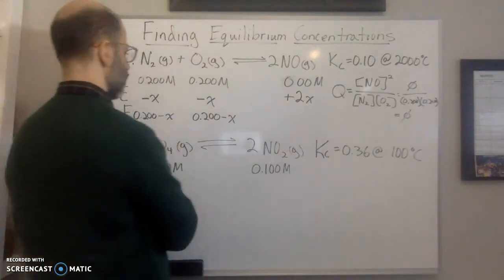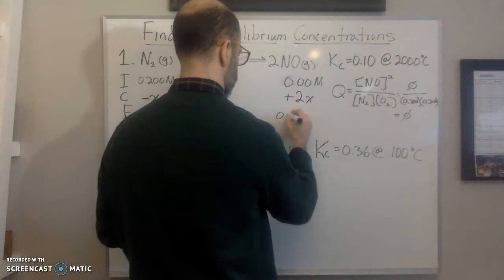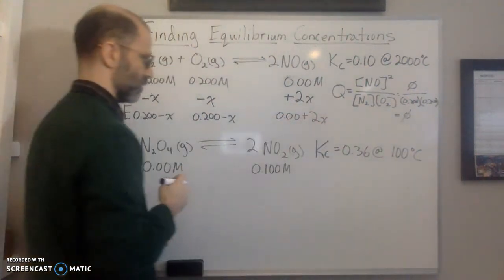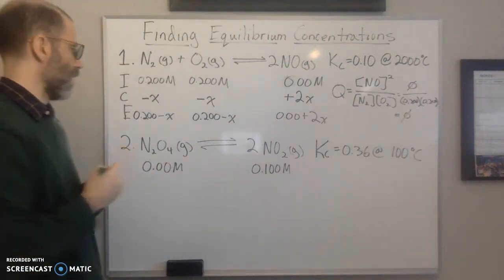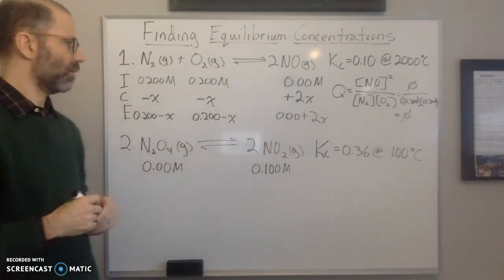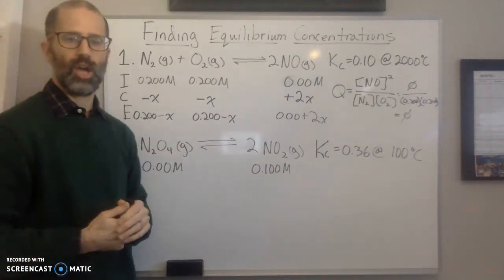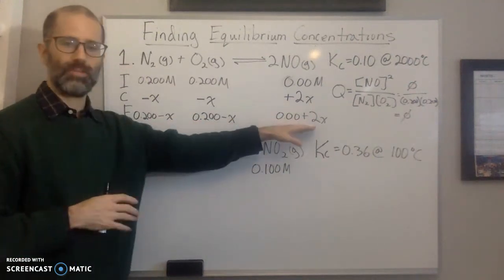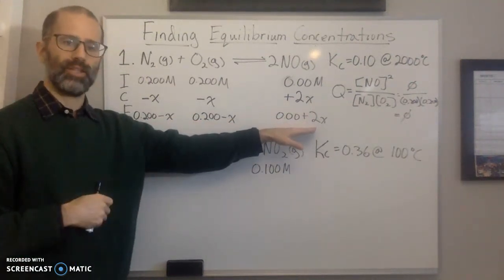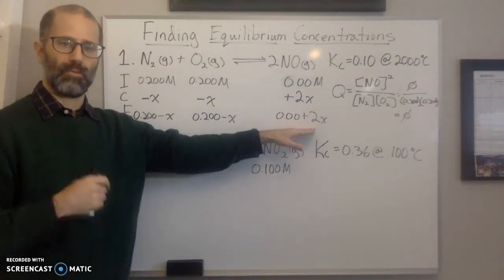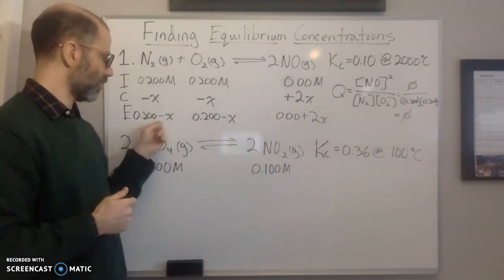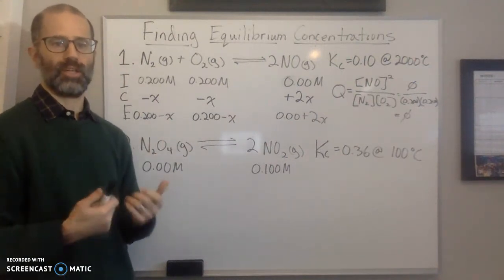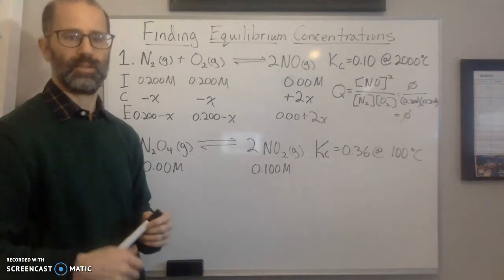And then for here, it's going to be 0.00 plus 2x, or just 2x. And so now I have my equilibrium amounts. So now that I have my equilibrium amounts in terms of x, all I need to do is solve for x. And the way I'm going to do that is I'm going to take these equilibrium amounts and plug them into the expression for my equilibrium constant.